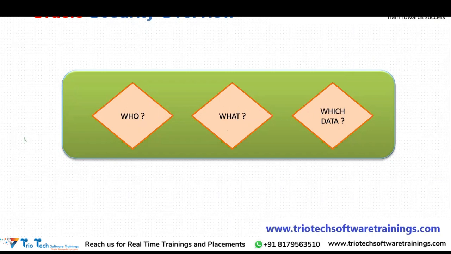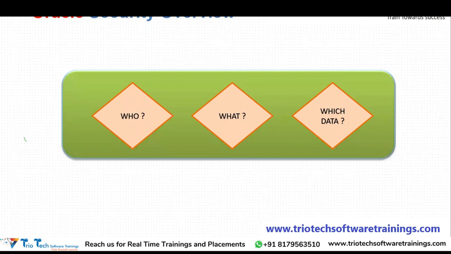I hope the concept is clear from the perspective of what as a component. Then which data. We will definitely understand which data again in the coming slides in detail. So who, I hope it is clear.